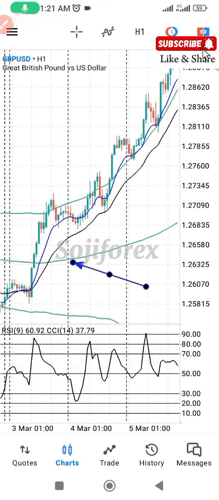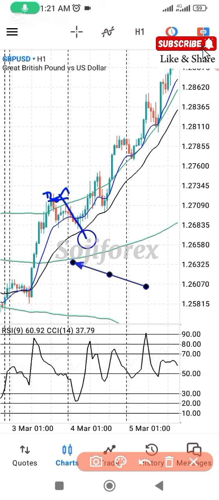So if you should have said because it has crossed, maybe when this cross happened, price is already at this zone, and you now say, oh, because it has crossed, let me buy. Immediately you place your buy, price begins to pull back. And then you keep imagining why this strategy is not working.